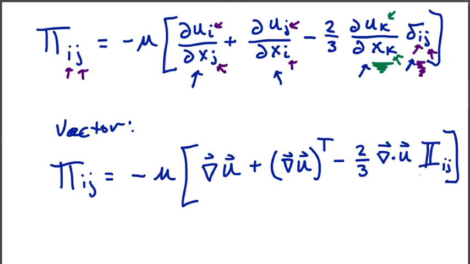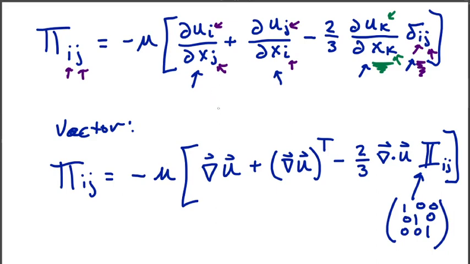And this just has a bunch of ones on its diagonal and zeros in its off-diagonal elements. It's the identity matrix as a tensor.